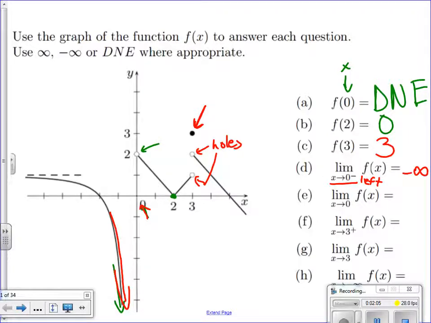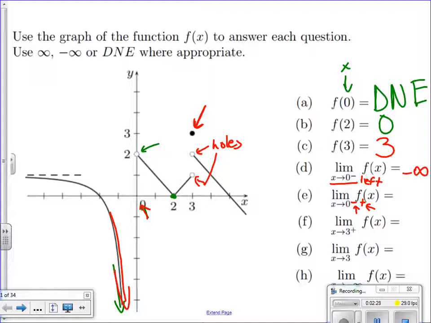Now, for E, when it's saying that the limit as x approaches 0, just 0, it doesn't say left or right or negative or positive of this function, it's implying, okay, well, what is it on both sides? What is it from the left side as it approaches from the left, and what is it as it approaches from the right side?